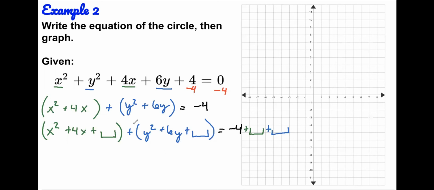Okay, so from here, how do I complete the square for my first group of terms, the x's? X squared plus 4x plus that open space. Remember, this is my b sub 1, my first b.